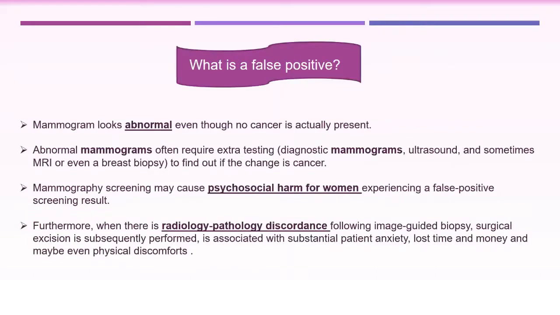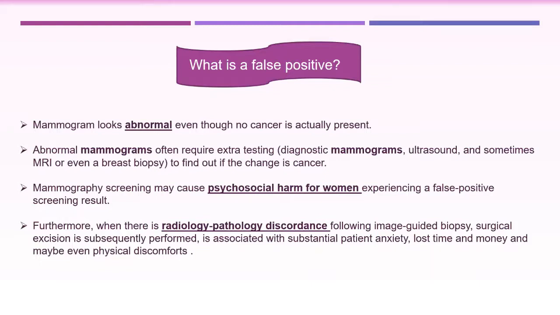Okay, so first of all, let us understand what is a false positive. So what is a false positive result? A result where the mammogram indicates, we think that this is a malignant lesion, and then it proves to be a benign one. Yes. So the mammogram demonstrates an abnormality, though no cancer is actually present.